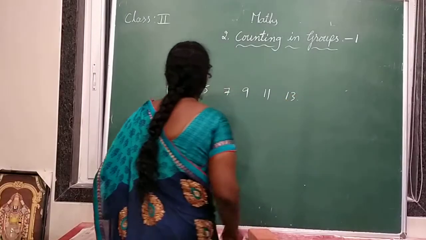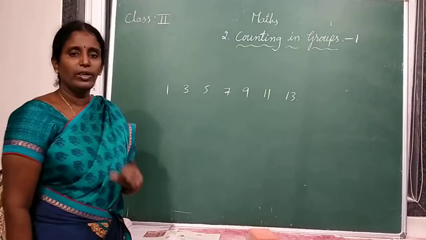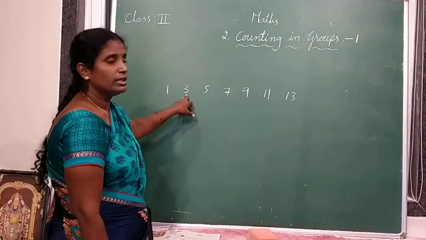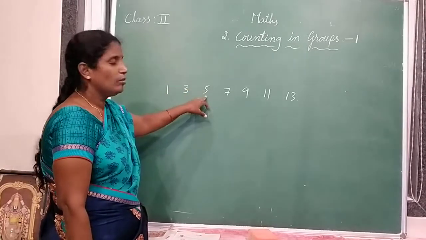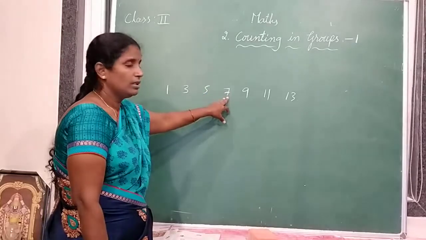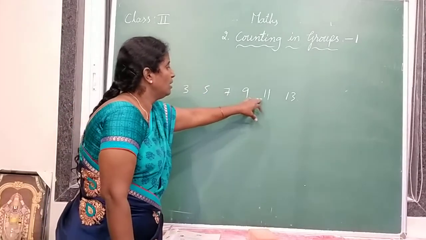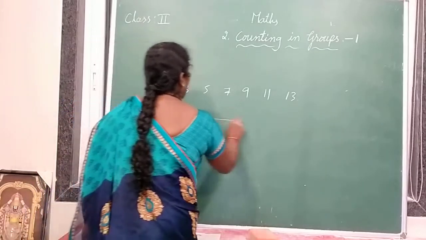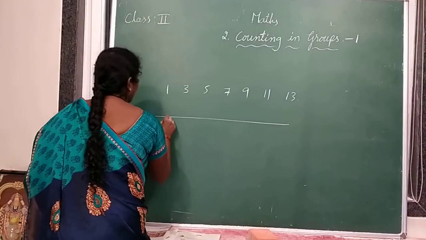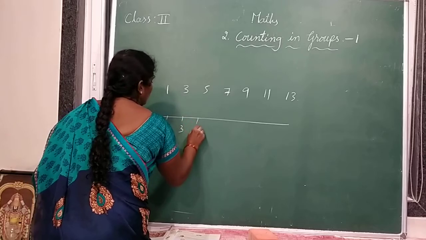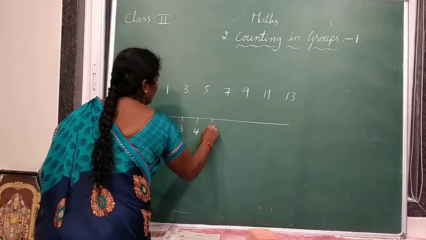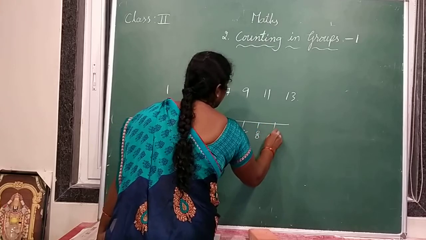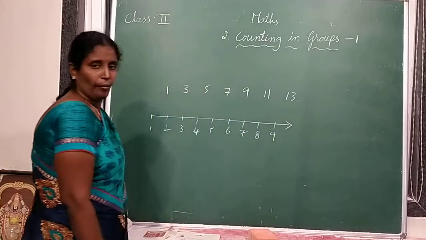That means here we are leaving one member. See here, after 1 I wrote 3. After that, 5, 7, 9, 11, 13, like that. That means actually roll numbers are 1, 2, 3, 4, 5, 6, 7, 8, 9 and so on.